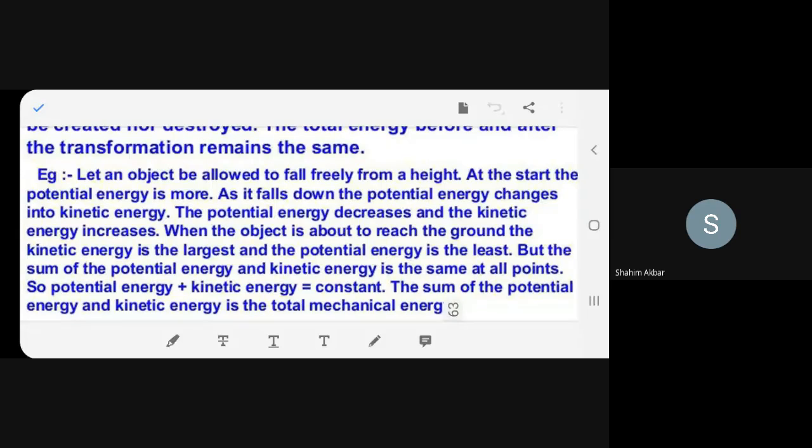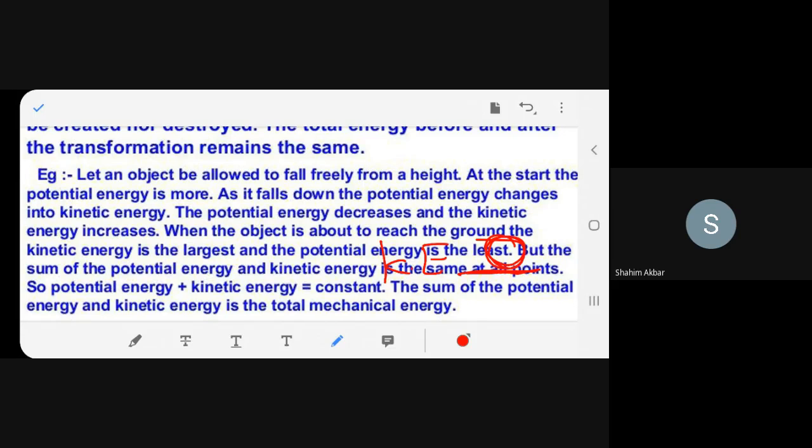The potential energy decreases. The kinetic energy increases. When the object is about to reach the ground, the kinetic energy is largest and the potential energy is the least. Now the ball has reached the ground. So which is maximum? The whole potential energy is converted to kinetic energy. Agree?